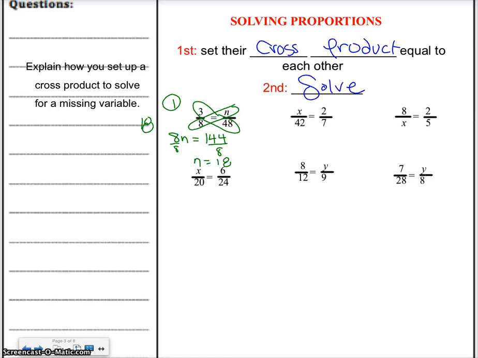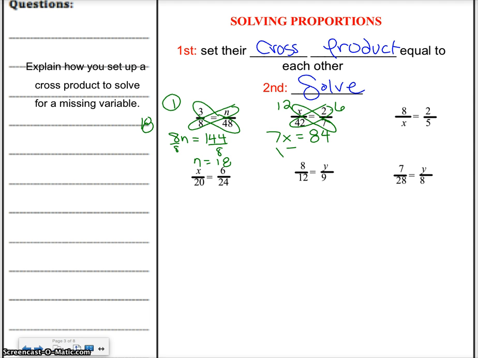Okay, you could do mental math here. 7 times 6 gave me 42. So I could times this by 6 and get 12. You could. But let me just show you the cross product. Start with the variable diagonal. x times 7 is 7x equals 42 times 2 is 84.